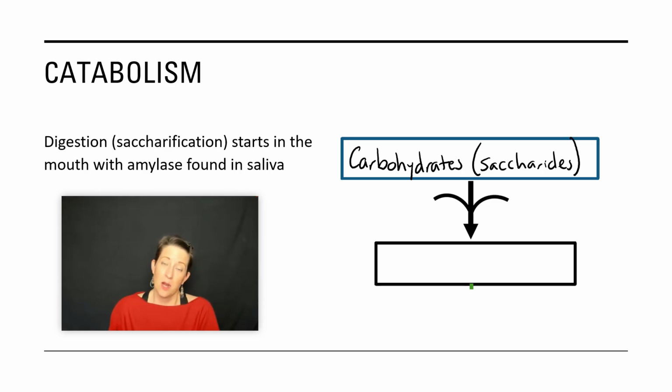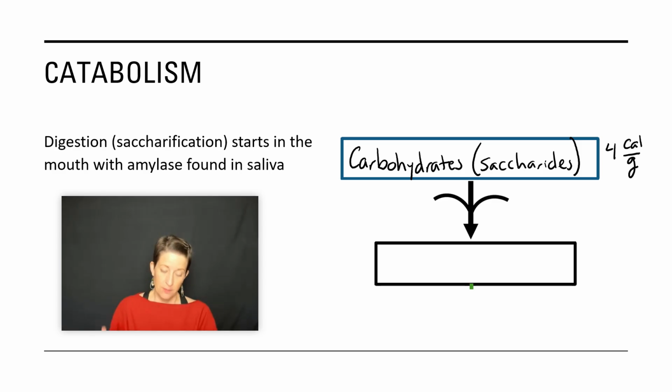Looking at our carbohydrates or our saccharides, we're going to really actually follow polysaccharides like amylose or amylopectin. The energy we get, if we're talking about food calories, is 4 calories per gram of our carbohydrates. And we're going to compare that to the energy we can get from proteins and from our lipids.